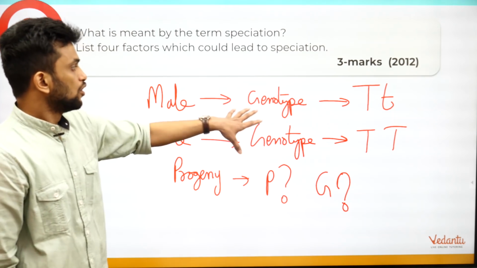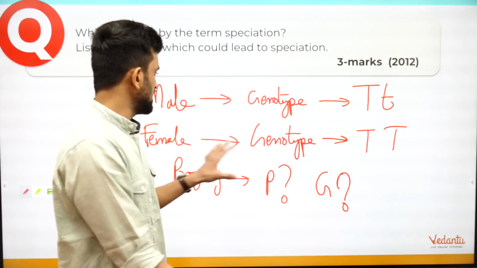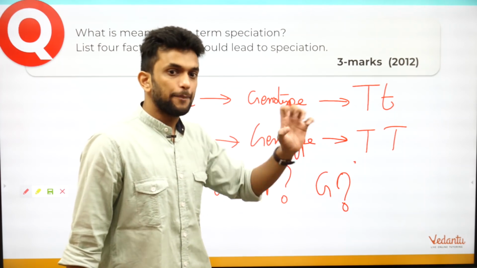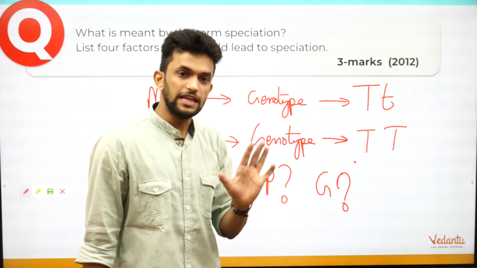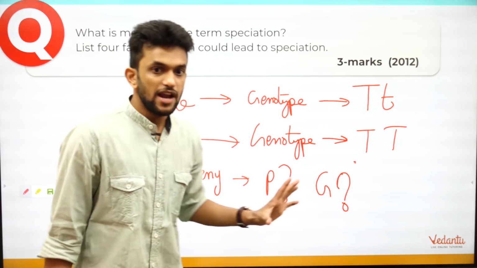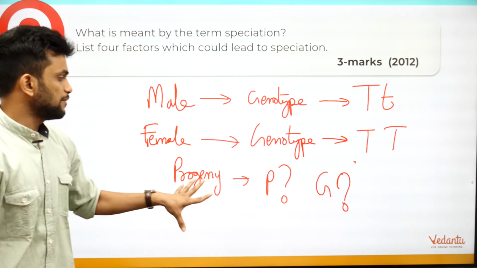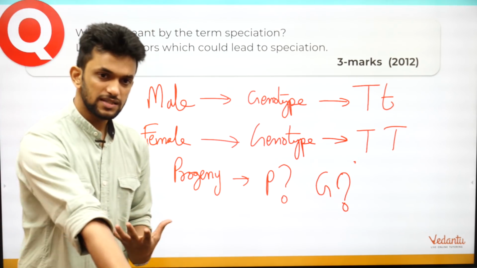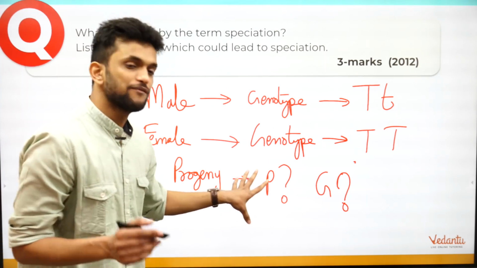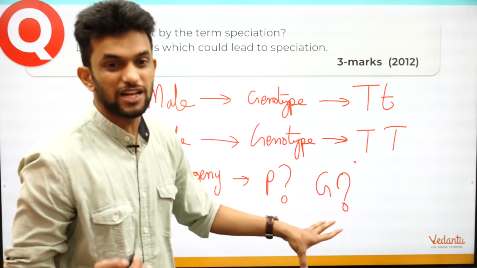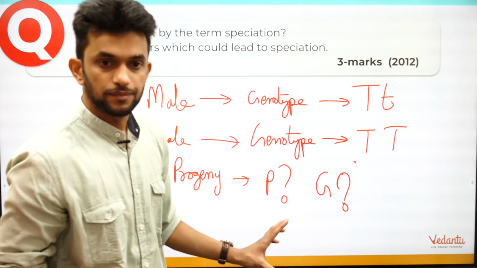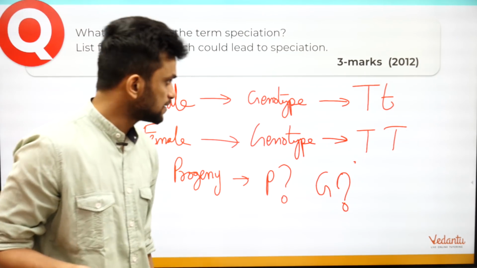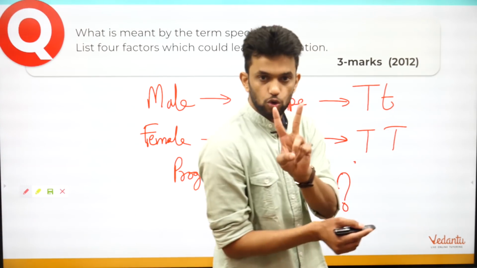There's a male whose genotype is Tt. There's a female whose genotype is capital T and capital T. Now I am saying capital T is dominant and small t is recessive. I have given you the information. Now I want you to know, in the progeny, what will be their phenotype, physical appearance, and what will be their genotype, their genetic code. So I'll solve this.